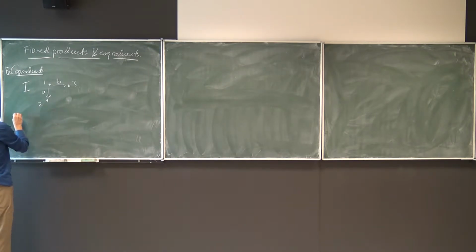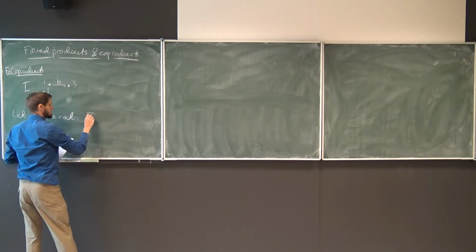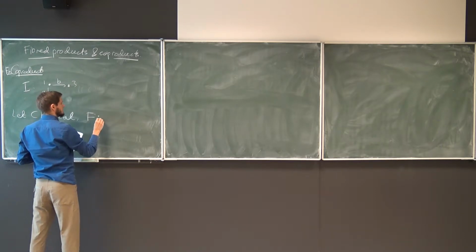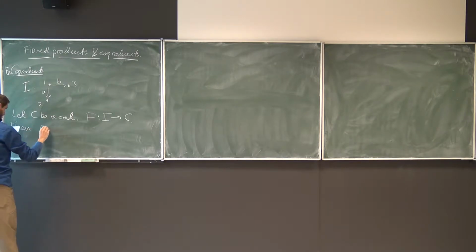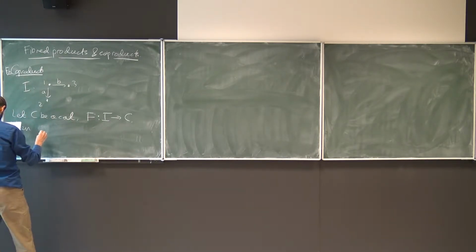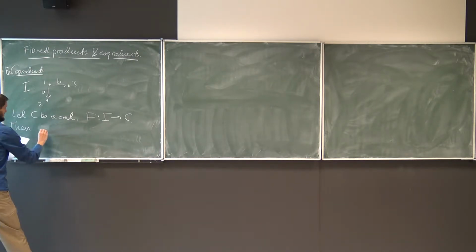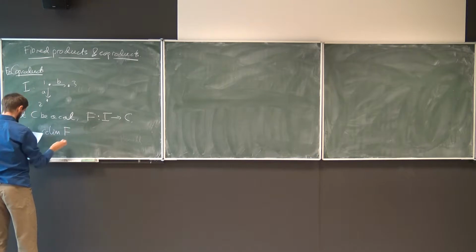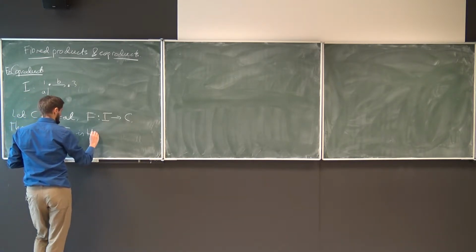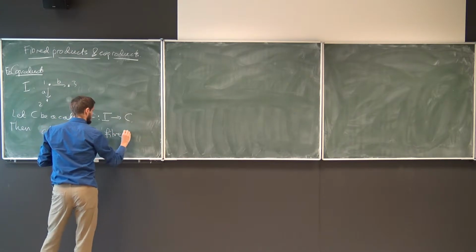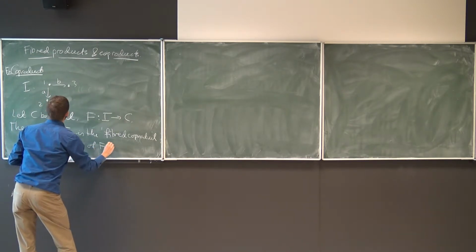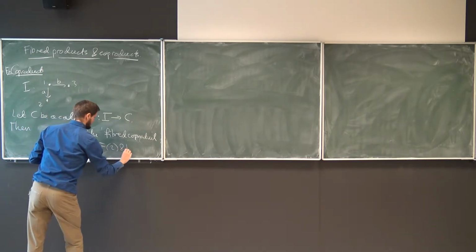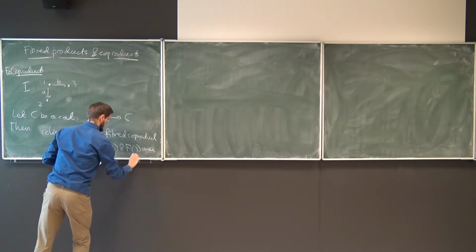Okay, so let C be a category, and F a diagram of shape I, I'm just going to write from I to C. Then the colimit of this diagram F is called the fibered coproduct of F of 2 and F of 3 over F of 1.